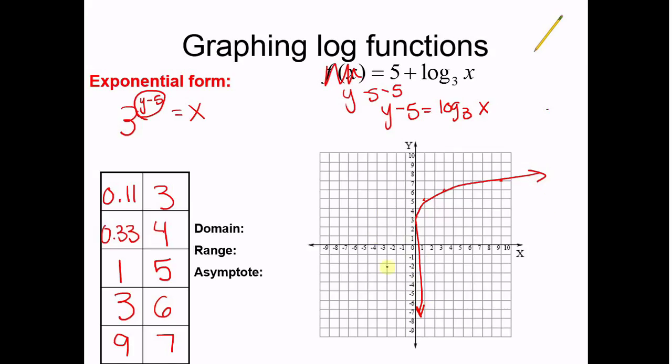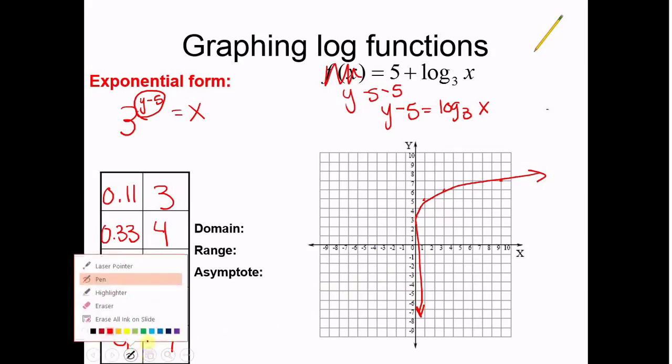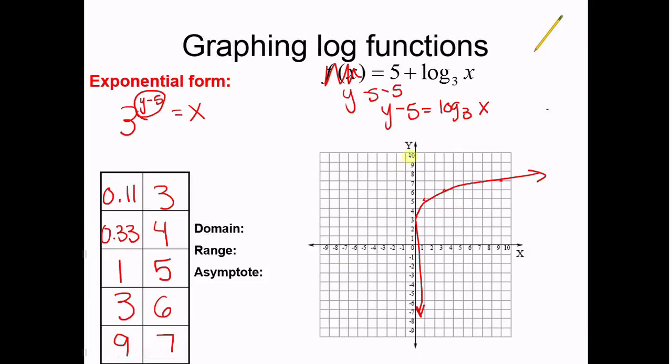Notice how I am not crossing over here. I didn't move left or right at all, I just moved up or down, right? So my domain needs to be greater than 0. Notice my x's are not less than 0, they're only bigger. My range is all reals, just like last time, and my asymptote is x equals 0.